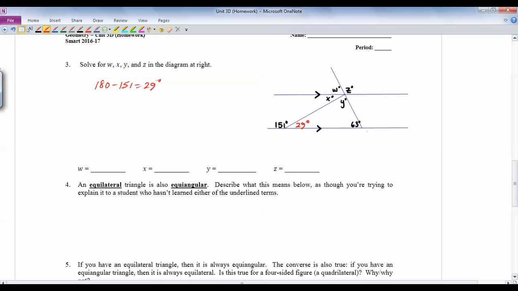I've got a triangle here, and 29 plus 63 plus y should be 180 because it's a triangle. That'll be 92 plus y equals 180. Y ends up being 88.